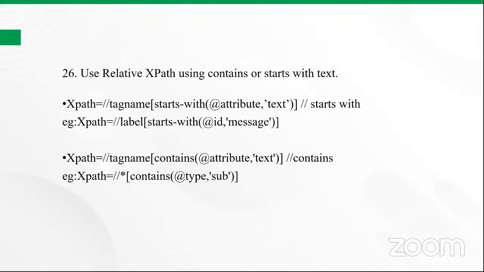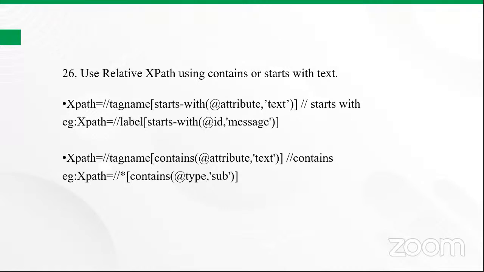So you can give a part of that value, be it the beginning, end, or in between. Suppose the ID is Anju Elizabeth George. If you want to use contains, you can give the attribute and then Anju, or Elizabeth, or George. But that is not the case with starts with. With starts with, you need to give Anju itself or Anju Elizabeth.